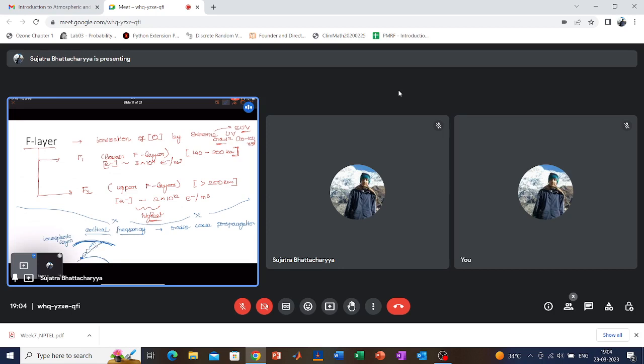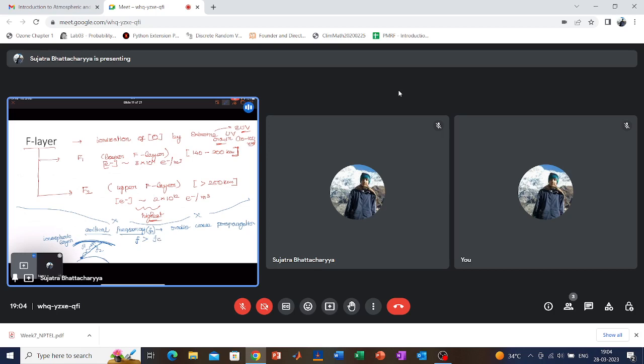Now if the frequency of the radiation, let this be F1, say F2, but I am writing it in general, F, and this critical frequency I denote by Fc.